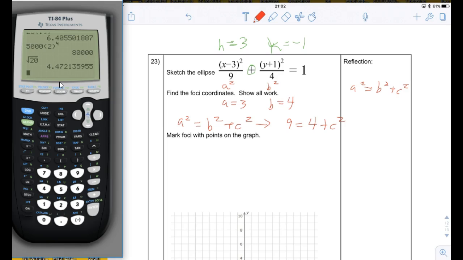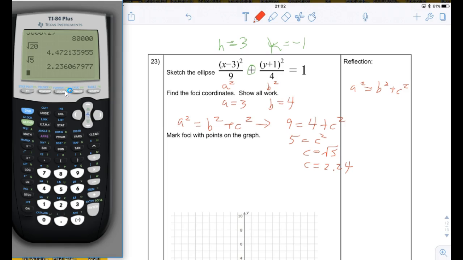So basically, 9 minus 4 is 5. So c is equal to square root of 5. Let's see what that is. 2.24. Okay. So c equals 2.24.